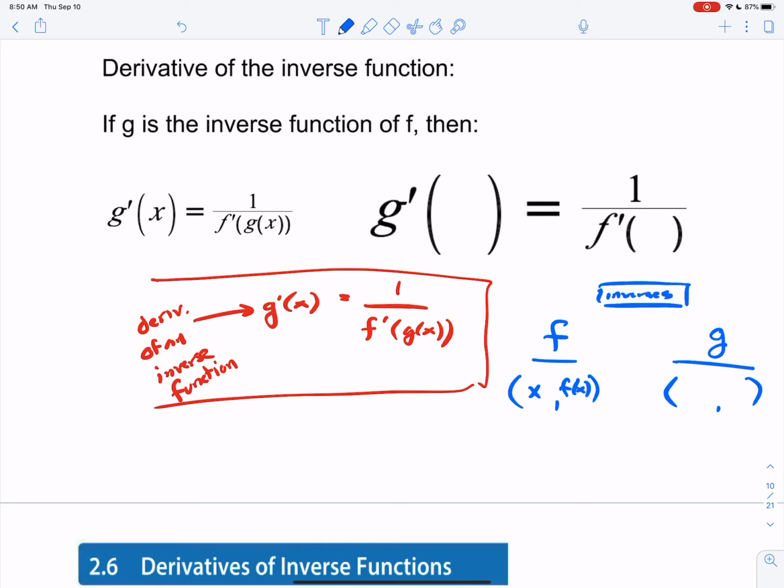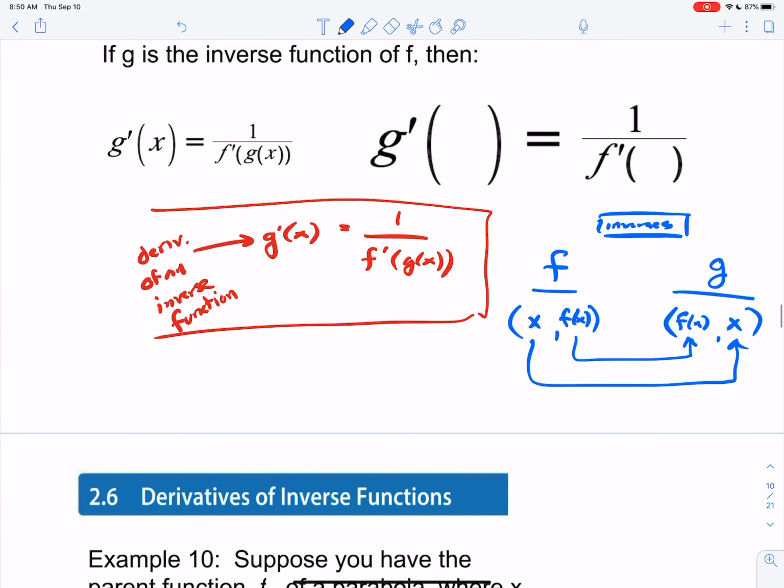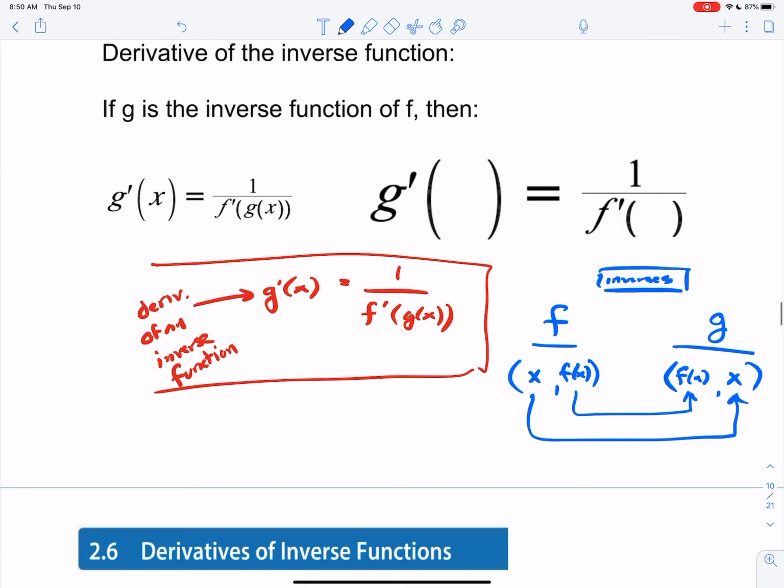So remember, inverse functions, they have their points flipped. So this right here is really f of x, x, which looks very weird. Okay? So let me write it in a way where it's a little bit less confusing for you guys.